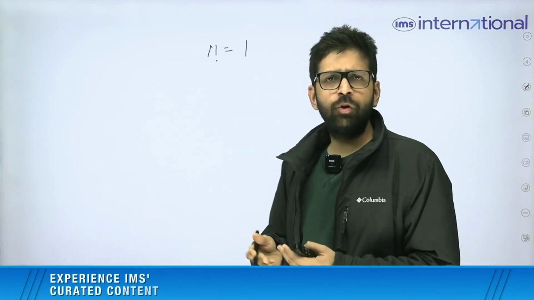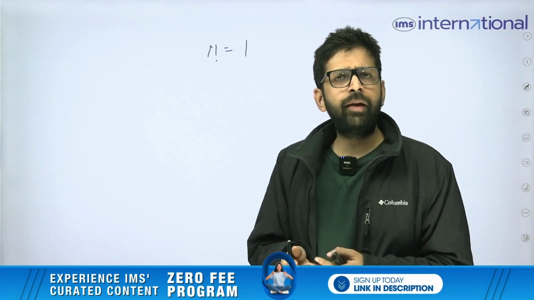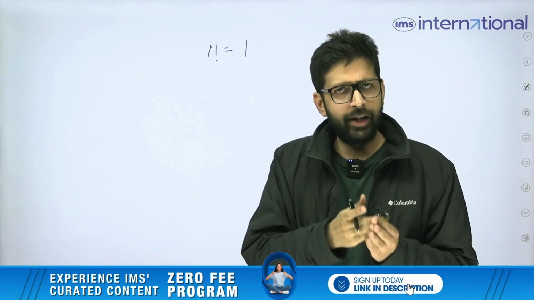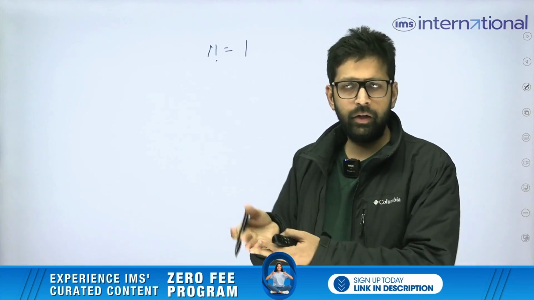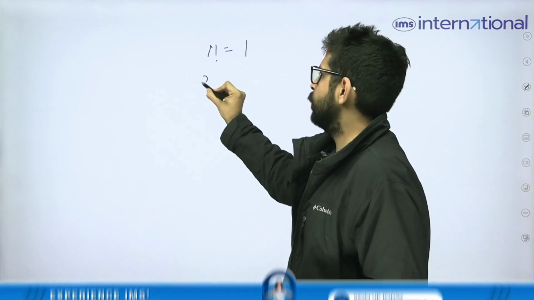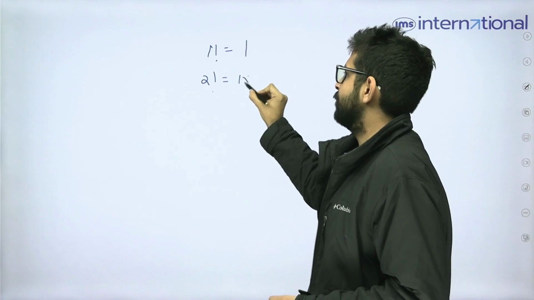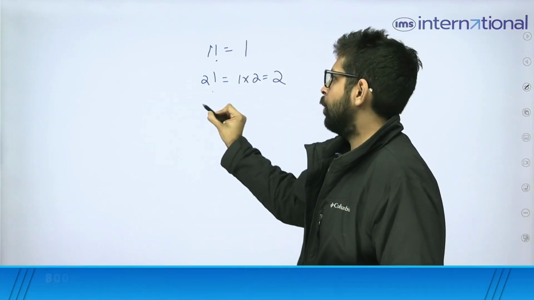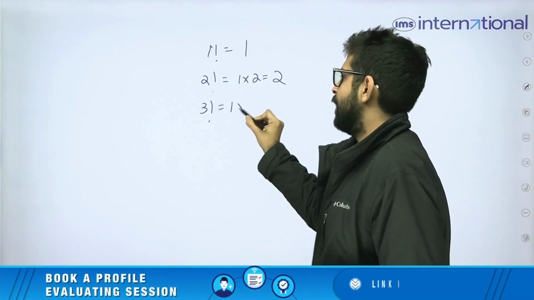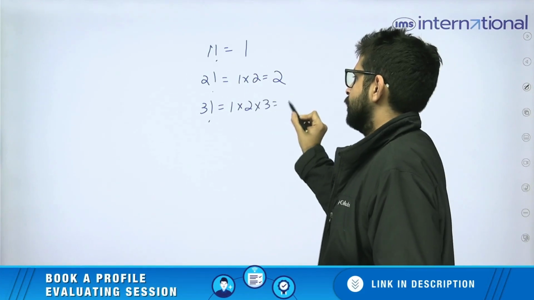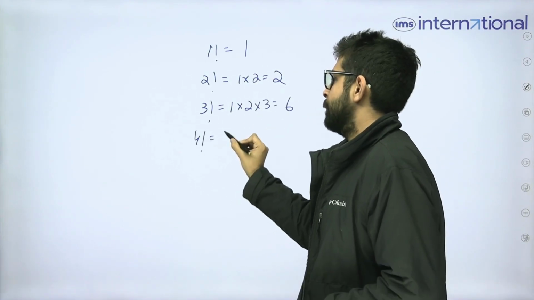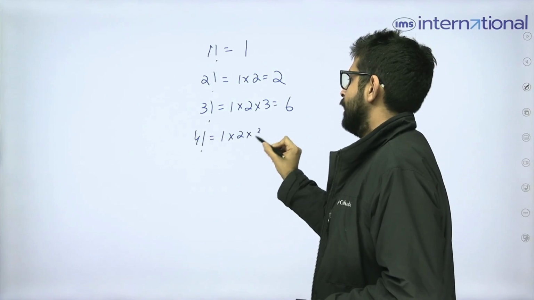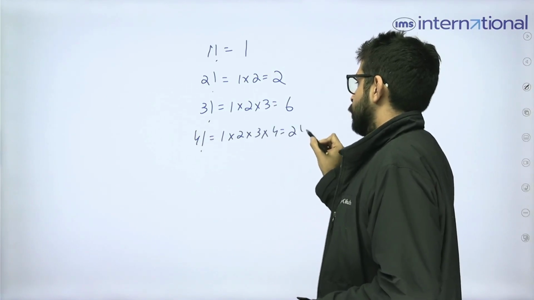I hope everybody knows the meaning of factorial. It means multiplying all the natural numbers from 1 till the last number, right? So 2 factorial would be 1 into 2, that is equal to 2. 3 factorial would be 1 into 2 into 3, that is 6. 4 factorial would be 1 into 2 into 3 into 4, that is equal to 24.